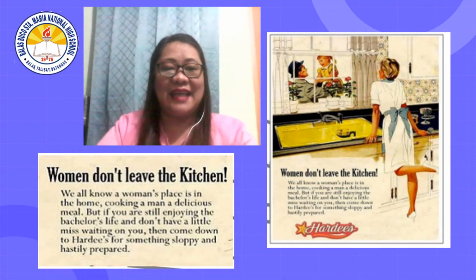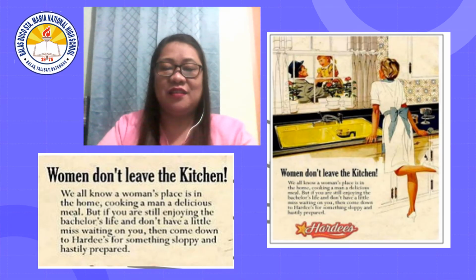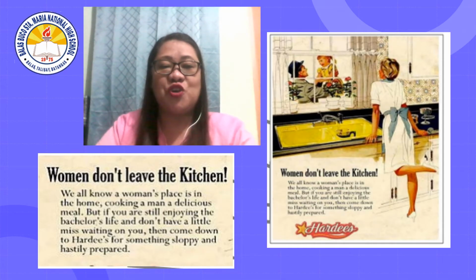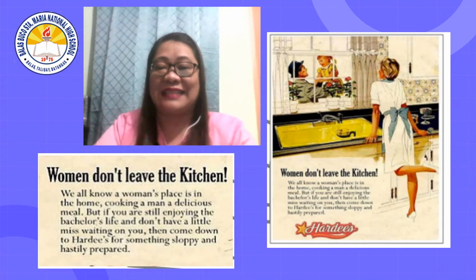It states that women don't leave the kitchen. We all know a woman's place is in the home, cooking a man a delicious meal. But if you are still enjoying the bachelor's life and don't have a little miss waiting on you, then come down to Hardee's for something sloppy and hastily prepared.